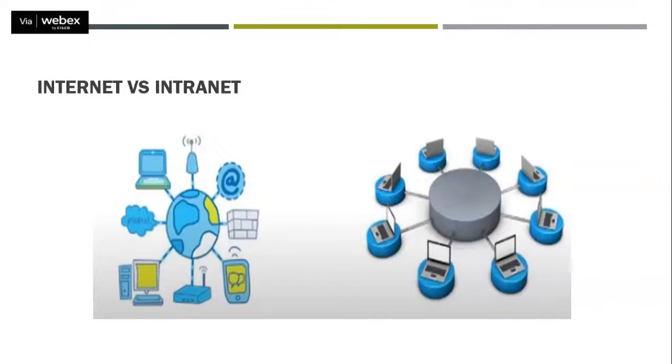And intranet is within the organization. It is kind of a LAN, but that LAN is not connected to another LAN. There's a difference between the IP address of internet and intranet. If you have a system with a public IP address, that can be managed from anywhere in the world.